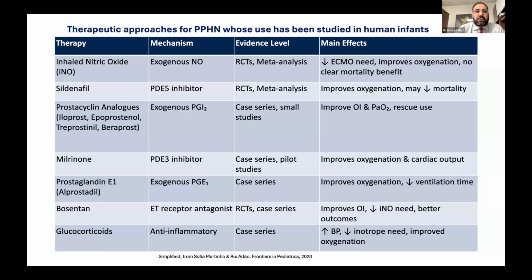Still, research is urgently needed to evaluate these medications, including bosentan and milrinone and other prostaglandin analogs. Very important because we still lack medical management of PPHN, and many of these babies would die. So research is very encouraged.